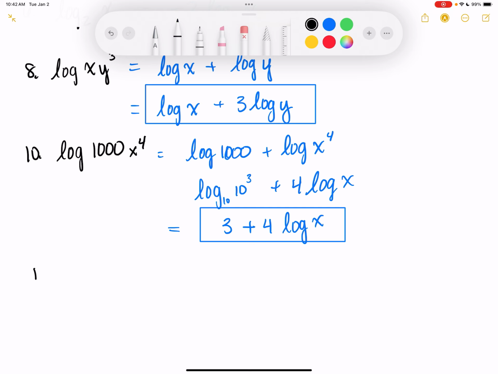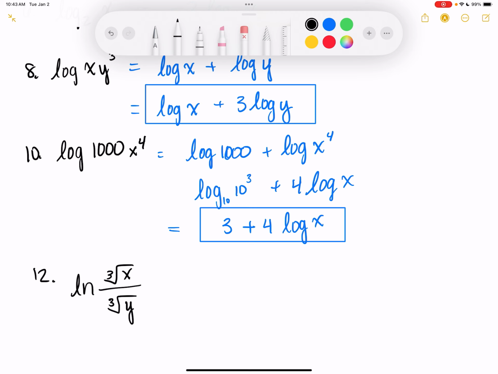Let's see, 12. ln of the cube root of x divided by the cube root of y. So before I even start this problem, I would try to rewrite it in a different form.